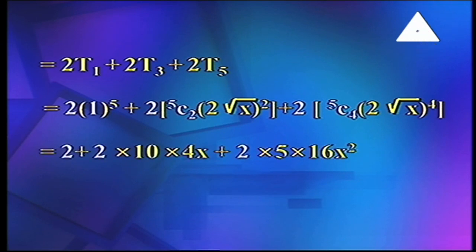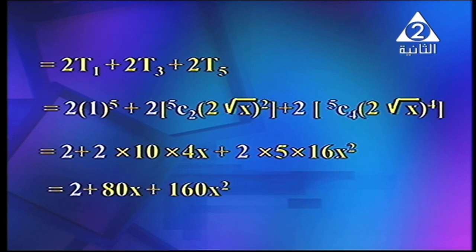Then by using a calculator, the answer is 2 + 2 times 10 times 4x + 2 times 5 times 16x^2, which equals 2 + 80x + 160x^2.